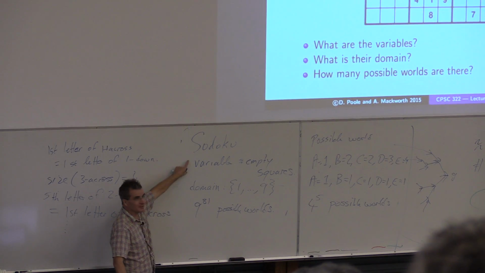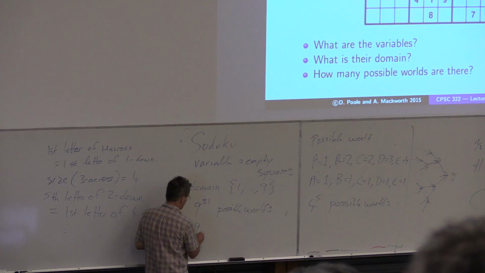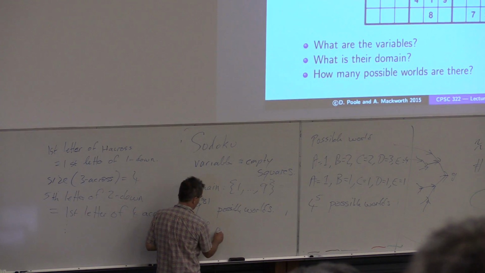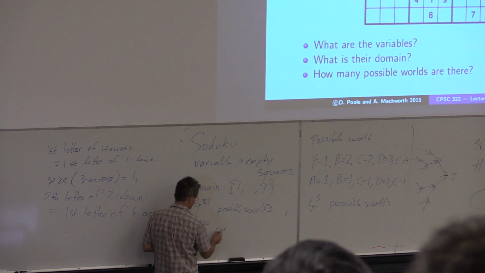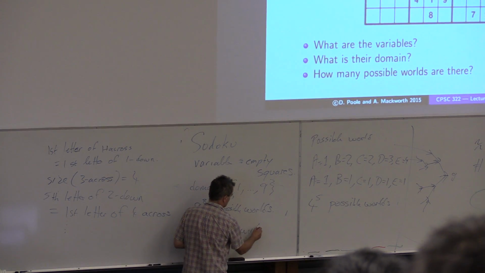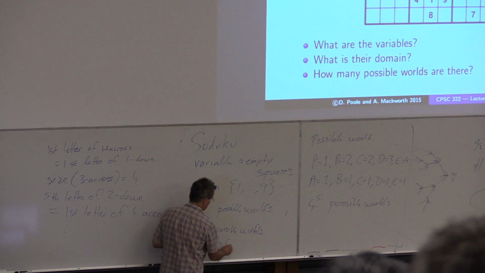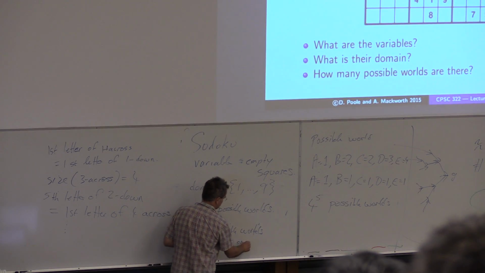So it should be 9 to the however many empty squares there are, about 9 to the 60, as there are approximately 60 empty squares.